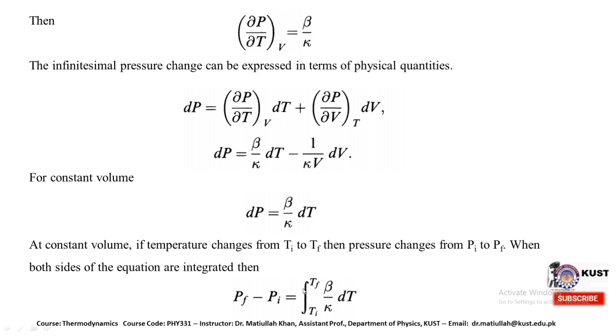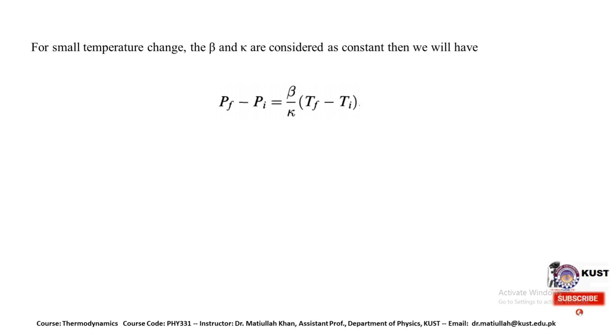This constant will come out of the integration, and we need to integrate only dT. The resultant equation is Pf minus Pi equal to beta divided by kappa times Tf minus Ti.